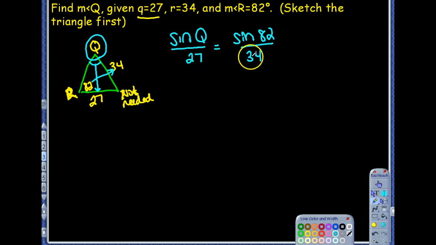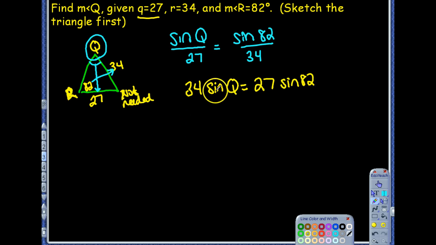So when I cross multiply here, you get 34 sine of Q equals 27 sine of 82. To get the sine of Q by itself, because I'm trying to isolate that variable, I'm going to have to divide by 34.